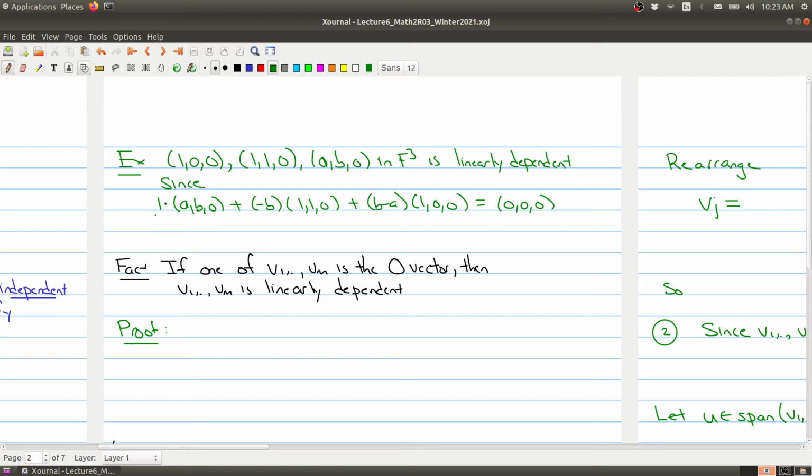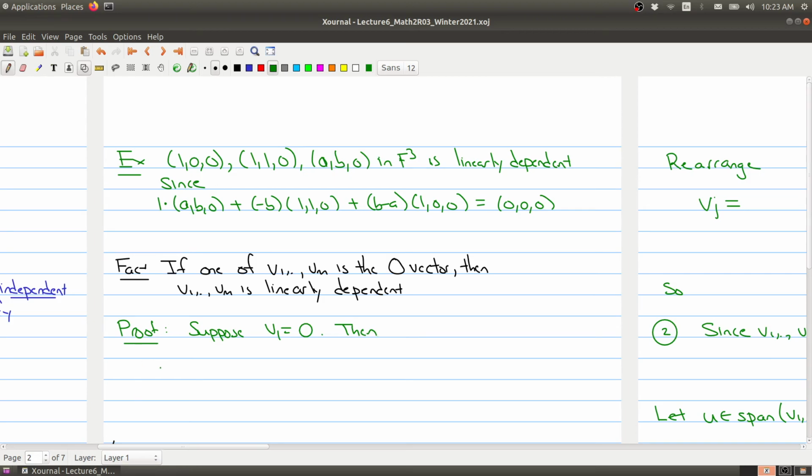The following fact gives you another infinite family of examples of vectors that are linearly dependent. If you take a collection of vectors v1 through vm, and if one of these vectors is 0, then v1 through vm is linearly dependent. The proof is straightforward. We might as well just assume that v1 is the 0 vector.